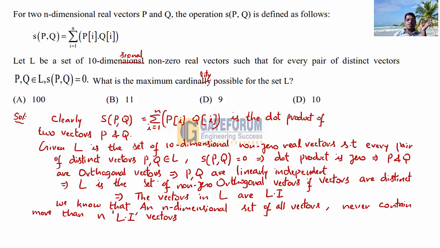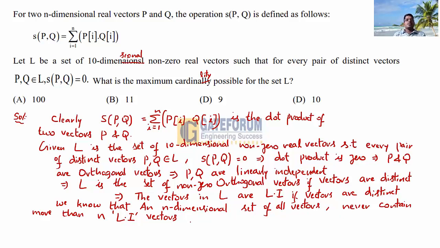That means L is a set of non-zero orthogonal vectors if the vectors are distinct. That means the vectors in L are linearly independent if the vectors are distinct. Distinct means different. And this is a vector space property from linear algebra. We know that in an n-dimensional space, a set of vectors never contains more than n linearly independent vectors.